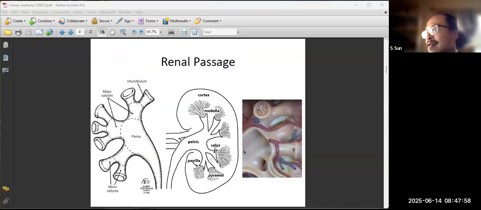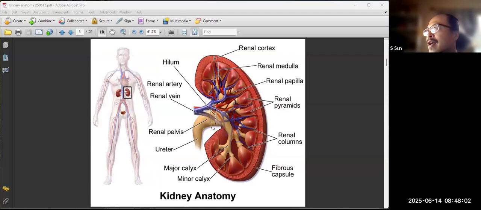You can call this papilla right here. Papilla. Minor calyx, and then major calyx, and then the base of this is the pelvis, like our body's base, then ureter.